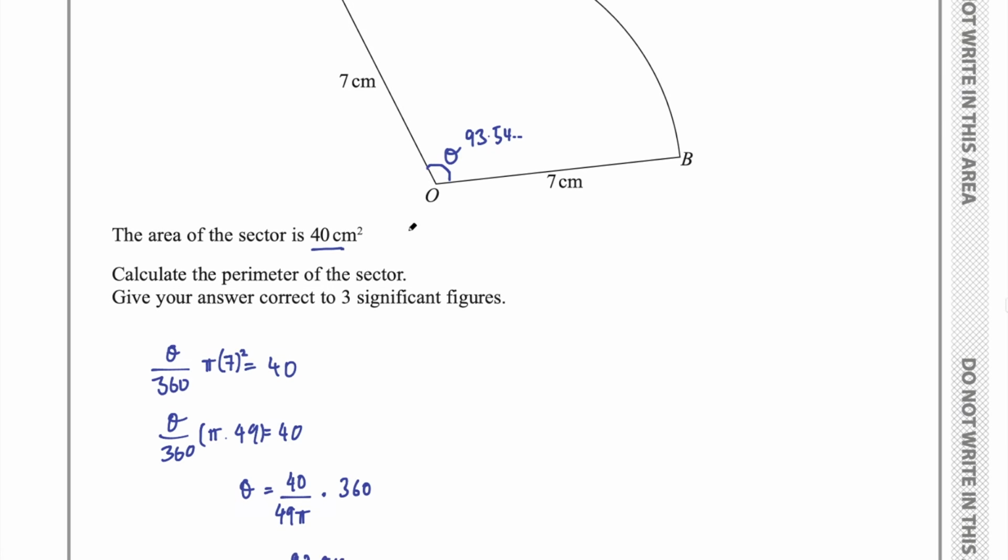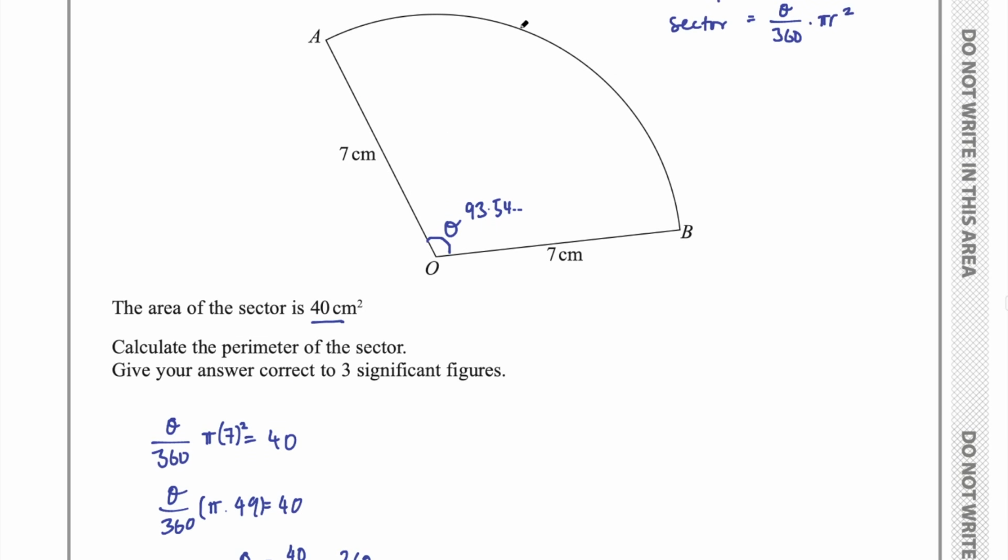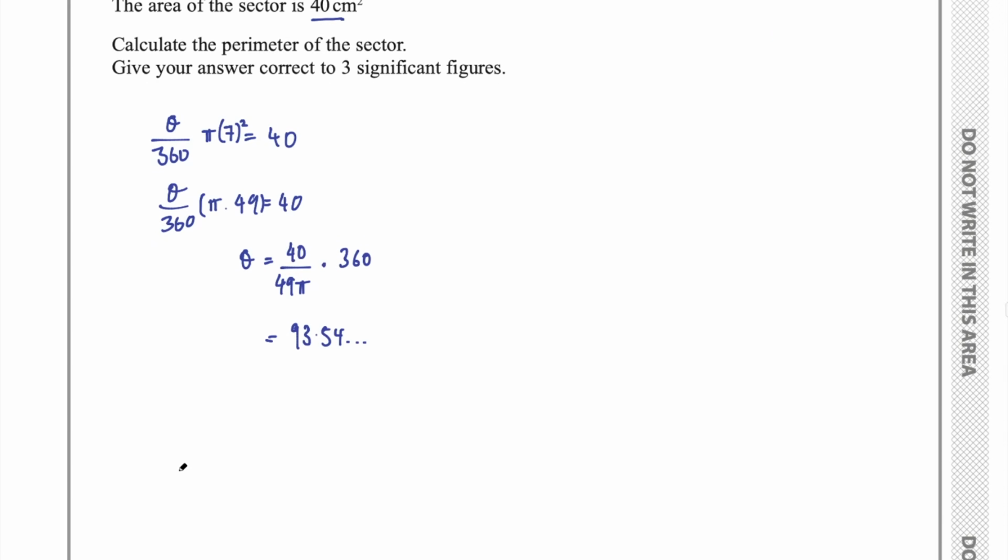And now I can go ahead and find this arc length AB using the arc length formula. So to find the length AB, so arc length AB, this is going to be the angle of the sector, 93.54, divided by 360, multiplied by the circumference of the circle, which is 2 pi times the radius, which is 7.